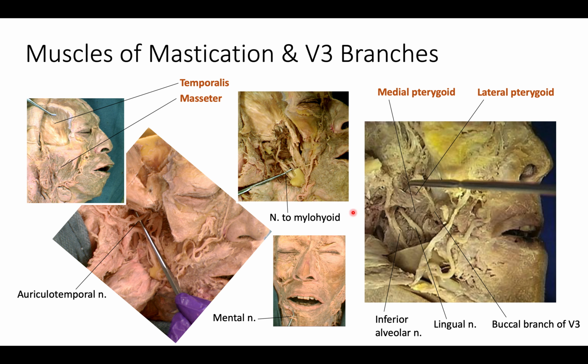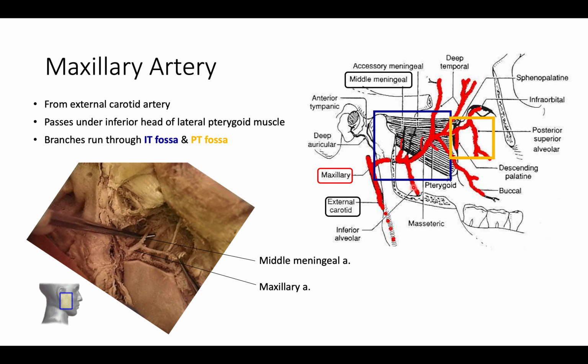And in that picture, we can also see the inferior alveolar and then the lingual nerve as well. And then over here, we can see the medial pterygoid, and here's the lateral. So that maxillary artery runs through the IT and PT fossa, like I said, and it's coming from the external carotid artery, passing under the inferior head of the lateral pterygoid muscle.